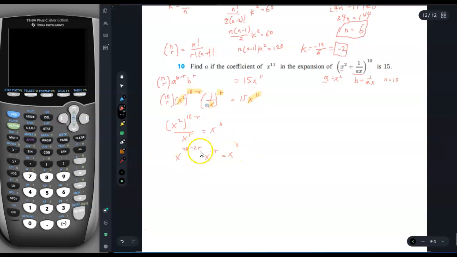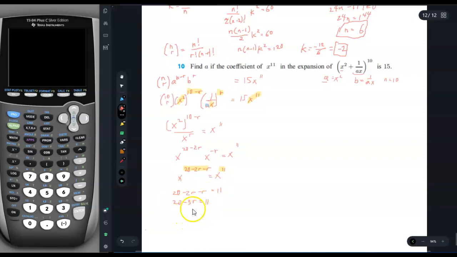And now we're going to combine these two exponents by adding, because there's two bases. So 20 minus 2r minus r equals x to the 11th. Now we can just look at the exponents because the bases are the same. So let's write one big algebra equation. 20 minus 2r minus r equals 11. That's equal to 20 minus 3r equals 11.